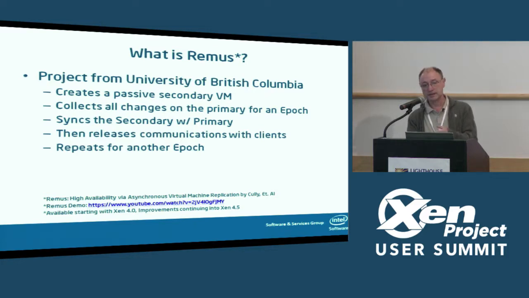Before it releases it, it syncs with the secondary machine, and then after it's done syncing, so the state's the same on both sides, then it releases the responses to the clients. And then it repeats this through the cycle. So at every point where data's gone back to the client, the two machines are in 100% equivalence state.